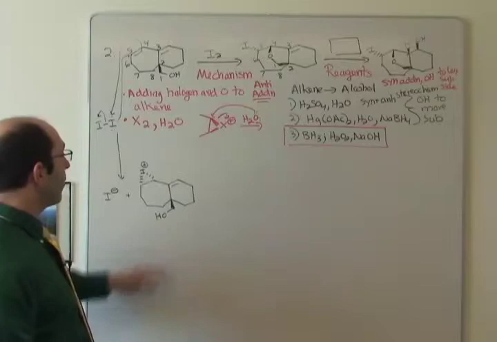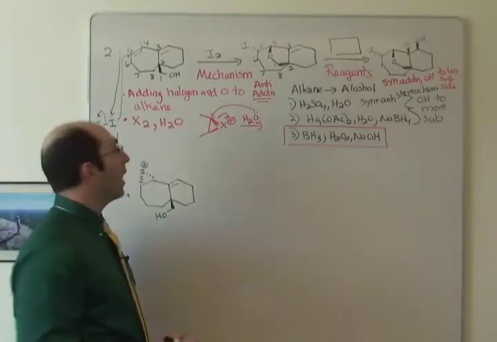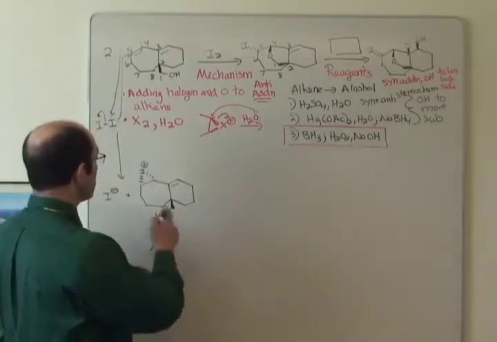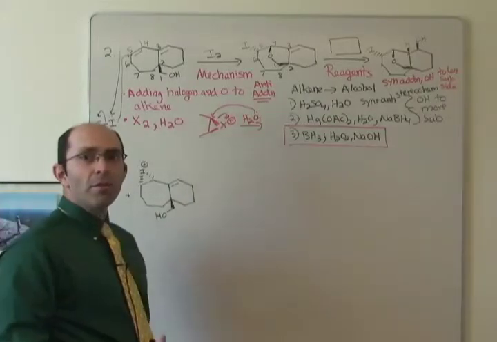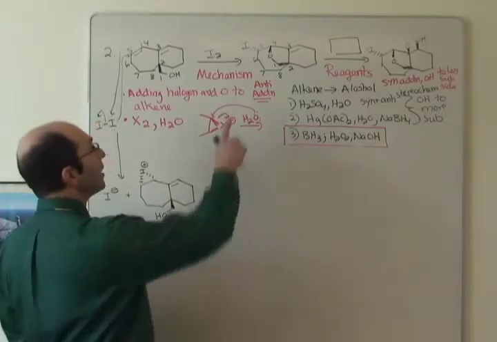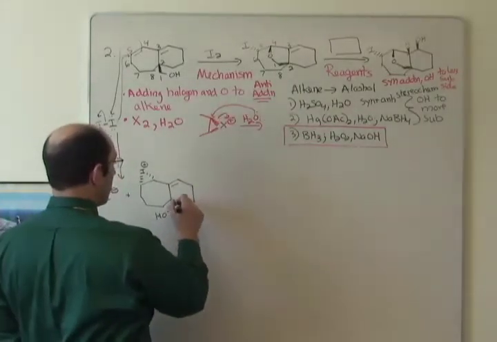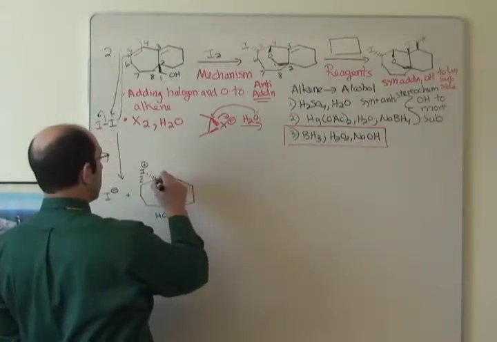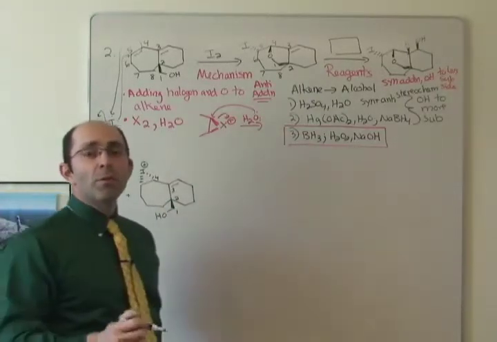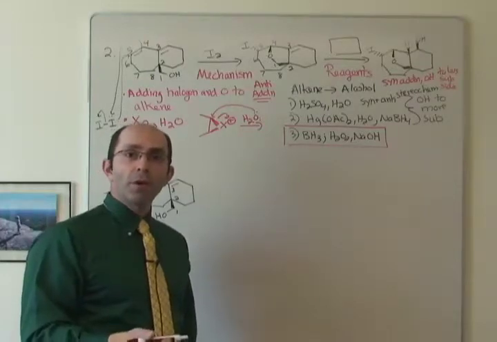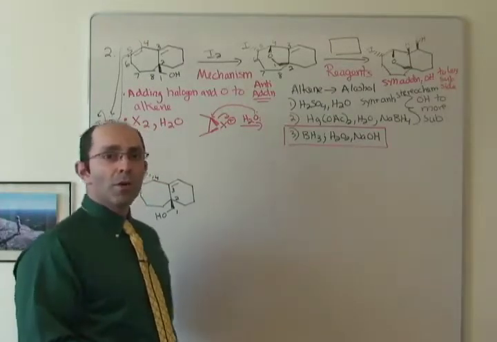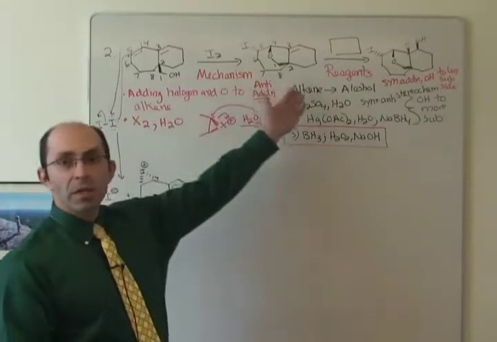So we have an alcohol here, right? And it's reasonable to ask, well, are we going to add that alcohol to one side or the other of that three-membered ring? We know the answer because we can see up here we're going to react it with the 4 position. And again, when we do these mechanism problems, there's often questions about why is it doing one thing or the other.